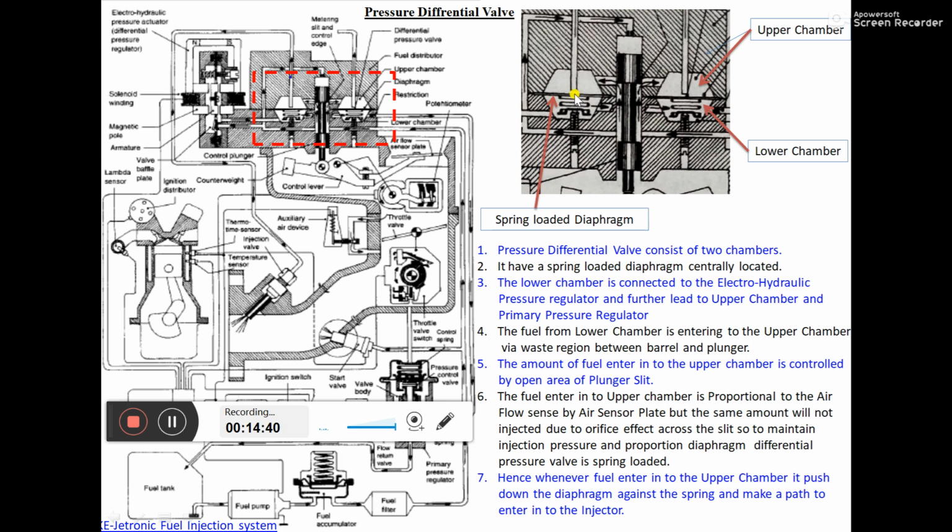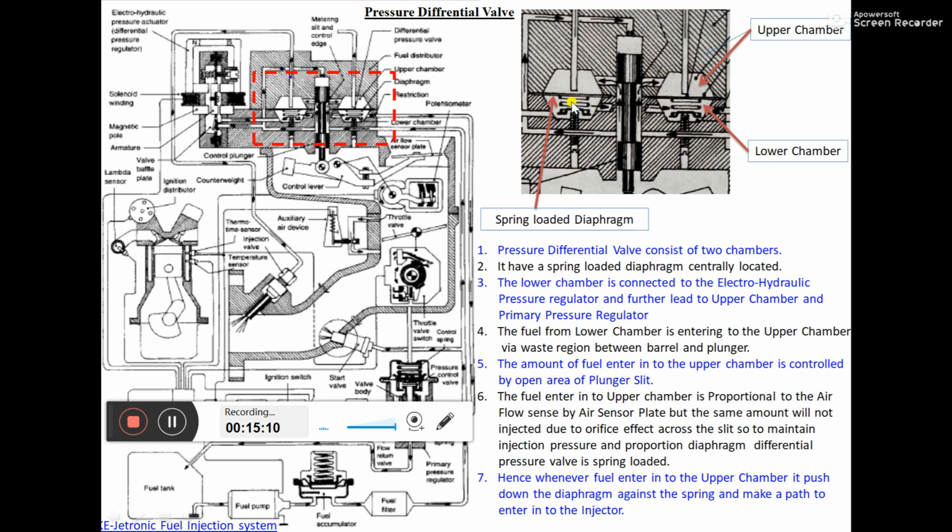But in the case of K Jetronic, a seat was there, and the diaphragm used in K Jetronic is somewhat stiffer than that used in KE. So that diaphragm, the wall and the seat position are responsible for maintaining or regaining the pressure in K Jetronic. Here, instead of that, we are using only a spring, but the location of the spring is in the lower chamber. So this needs to be noticed here. The location of the spring in the KE differential valve is different.